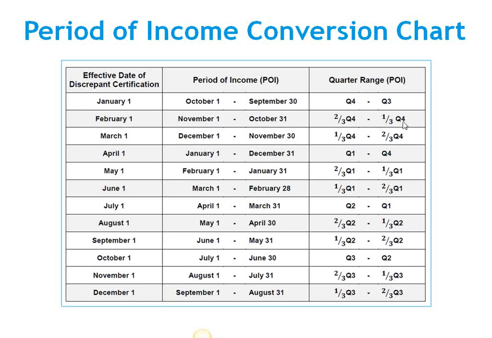So these dirty quarters always have these bookends of either 2/3 ending in 1/3 or 1/3 ending in 2/3. So if you look at March, subtract 15 months, you get December, run it for a 12-month period. It ends in November. December is the last of 3 months of quarter 4.